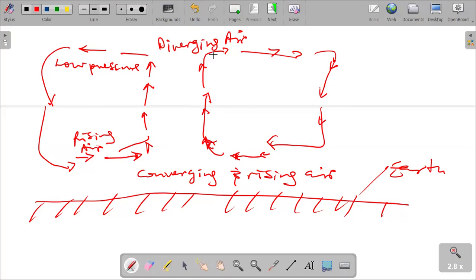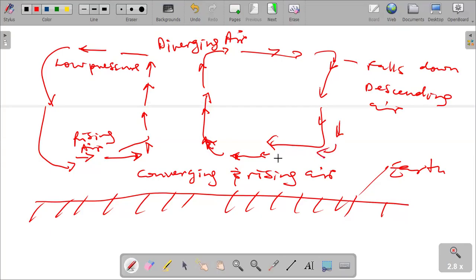So the air diverges in the upper atmosphere and then it falls down, or it descends. This descending air comes and feeds back into the system again.